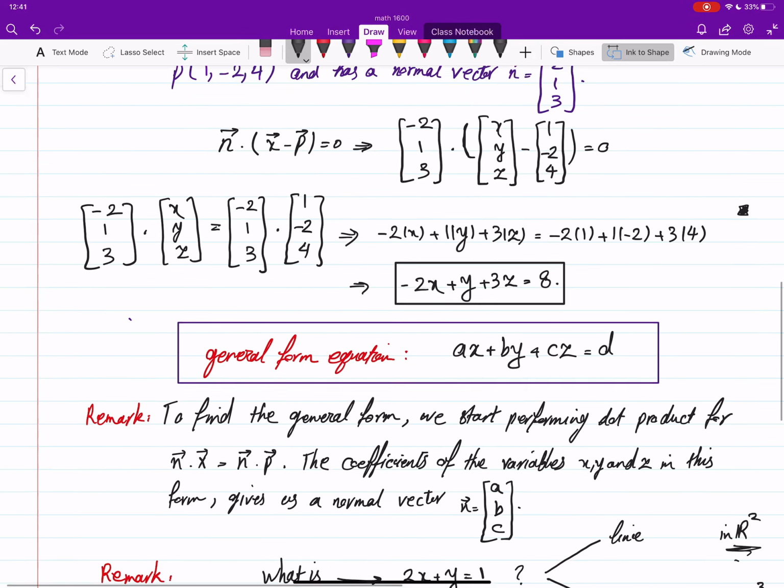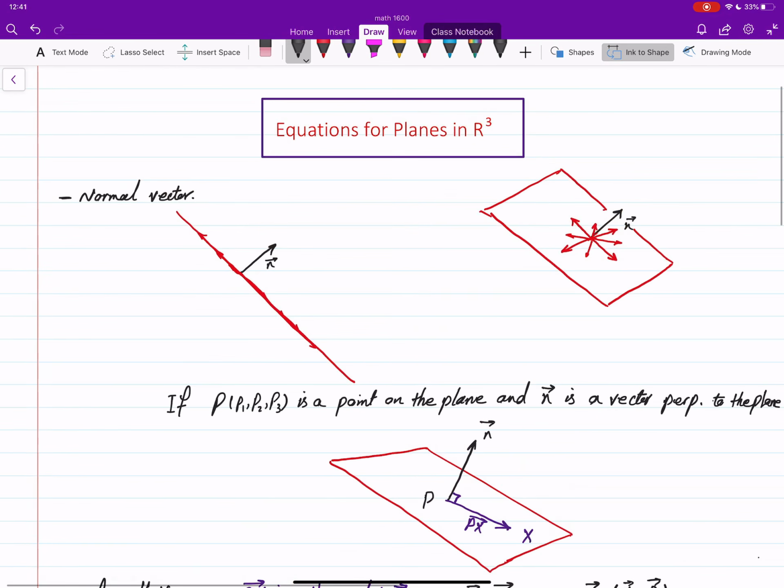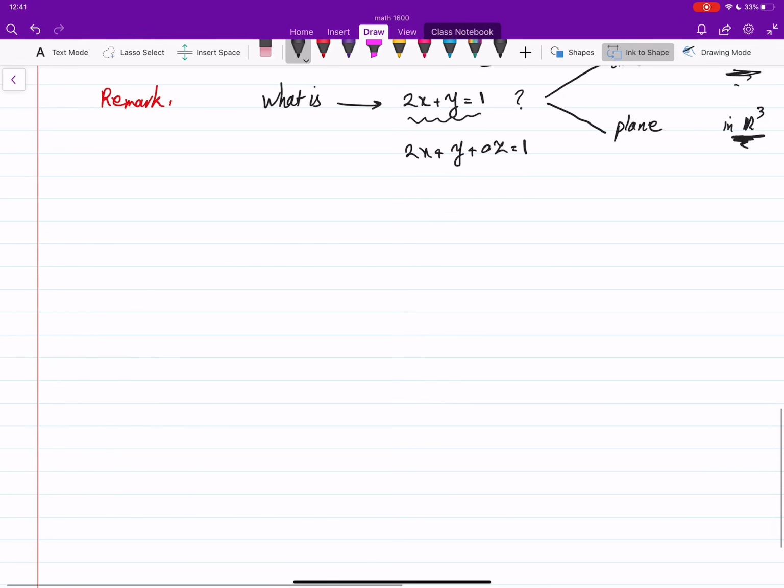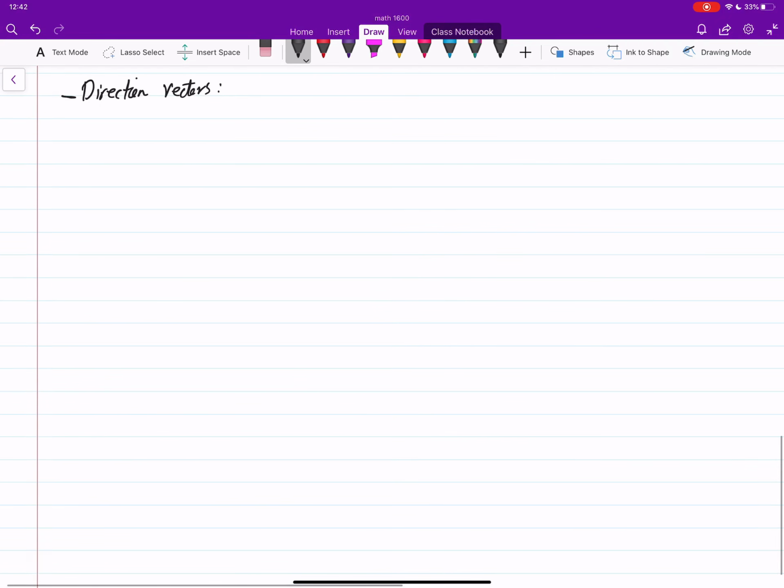We did complete the normal part, so how about the direction vectors? How can we use direction vectors to define planes in R3?